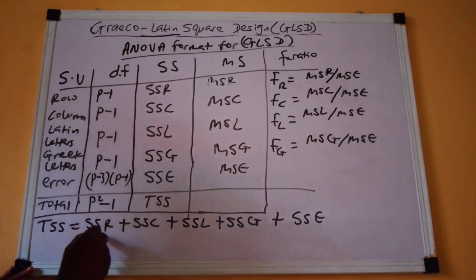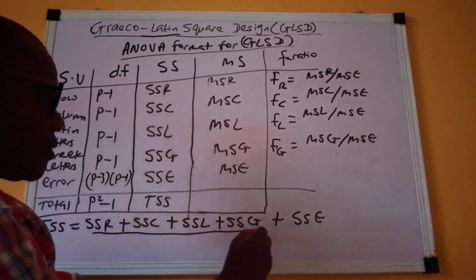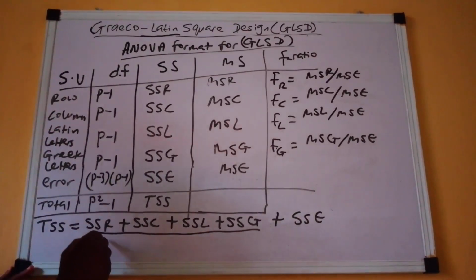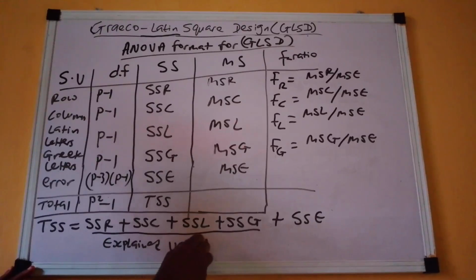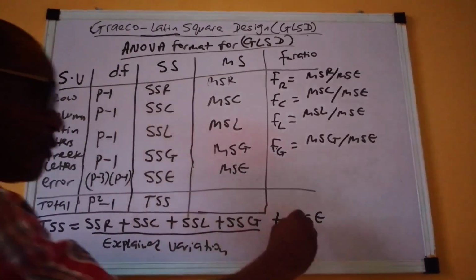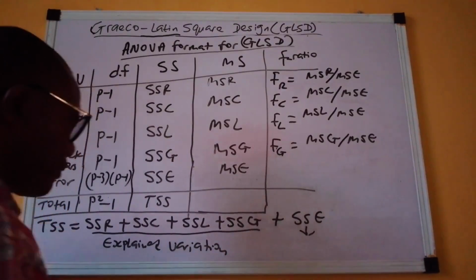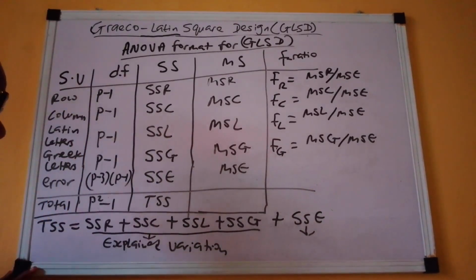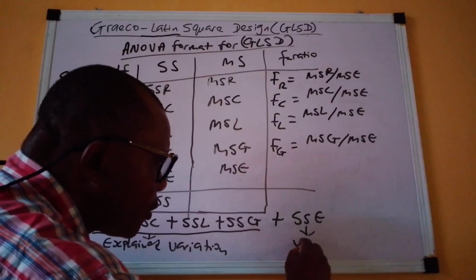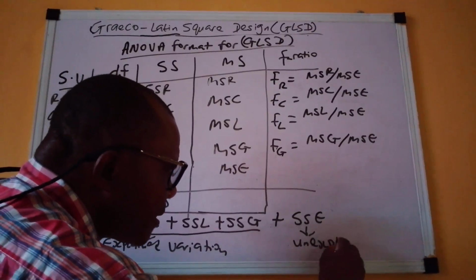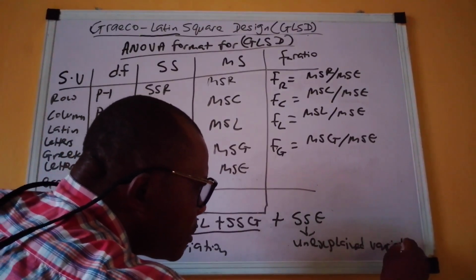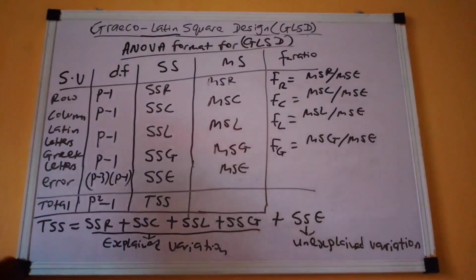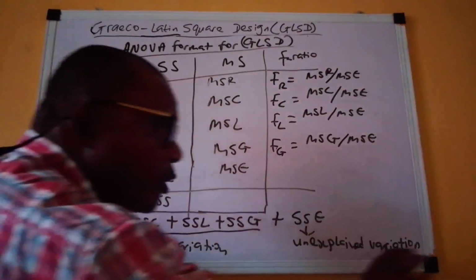Now, if you take a look at these 4 sources of variation, they are called the explained variation, while that of the error is called the unexplained variation.